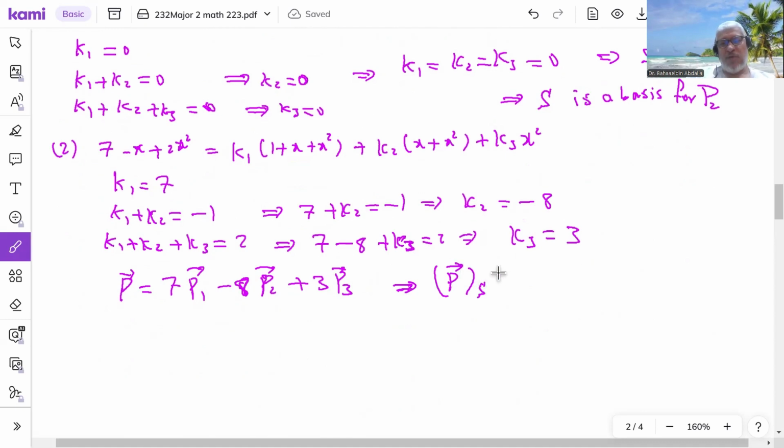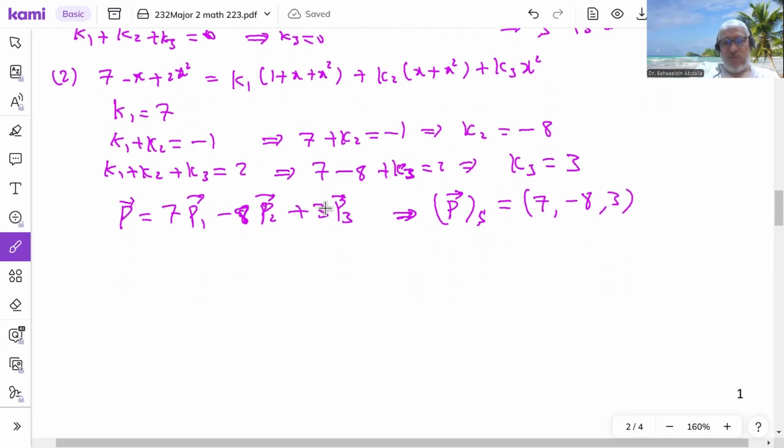This is the coordinate vector. You write only the coefficients 7, -8, and 3. Notice also that this system was easy to solve like this. But if the system is not easy to solve, then I will use Gaussian elimination or AX equals B, any method you can use to solve the system. And if the calculator is allowed, you can also use the calculator.